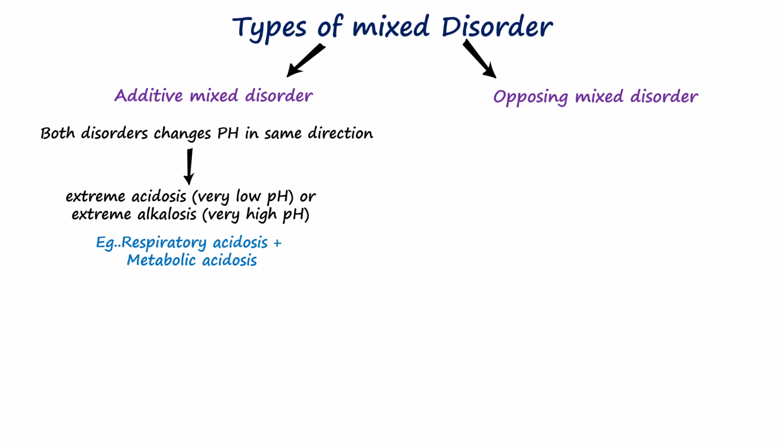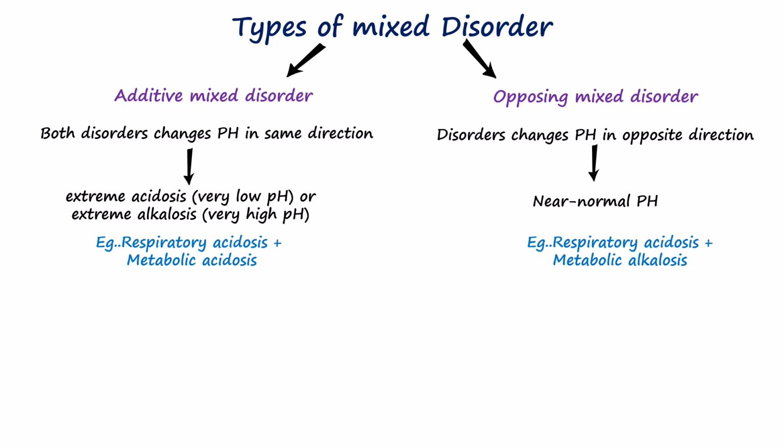The other type is the opposing mixed disorder, which occurs when the disturbances push the pH in opposite directions. These may result in a near normal pH despite serious underlying disturbances. For example, respiratory acidosis and metabolic alkalosis occurring together can balance out the pH, making it appear normal.